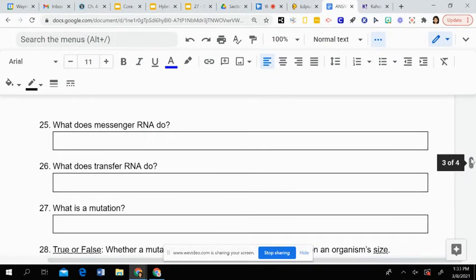Then, what does messenger RNA do? What is the purpose of messenger RNA? Allie? No. Not quite. Because it already is RNA. Gage?